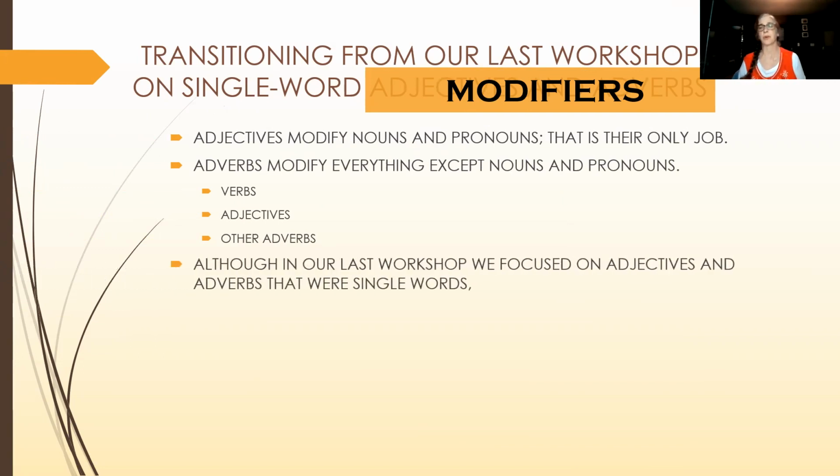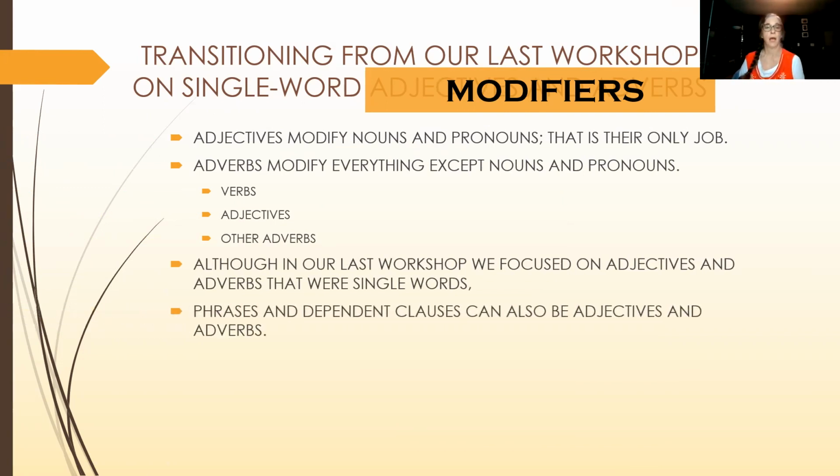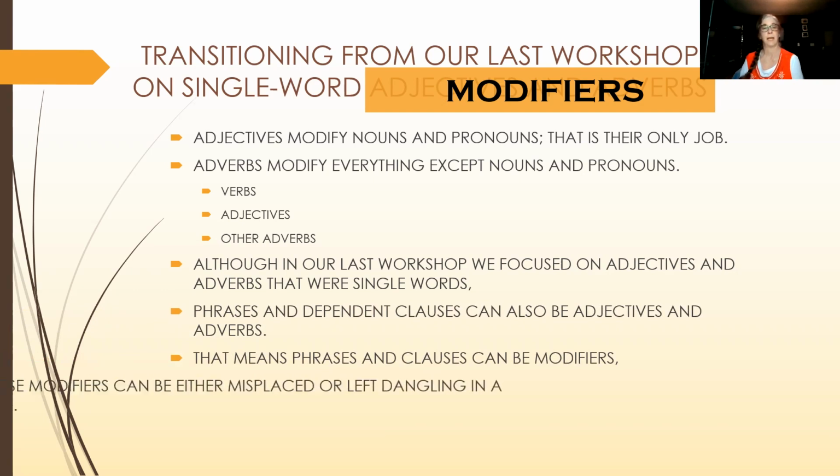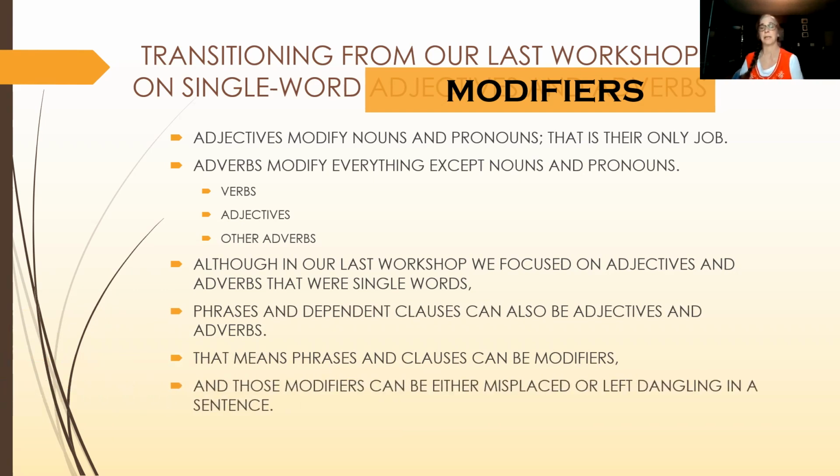And although in our last work, we focused on adjectives and adverbs that were single words, phrases and dependent clauses can also be adjectives and adverbs, and that's what we're going to look at today. And because phrases and clauses can be adjectives and adverbs, that means they can be modifiers. And those modifiers can be either misplaced or left dangling in a sentence.